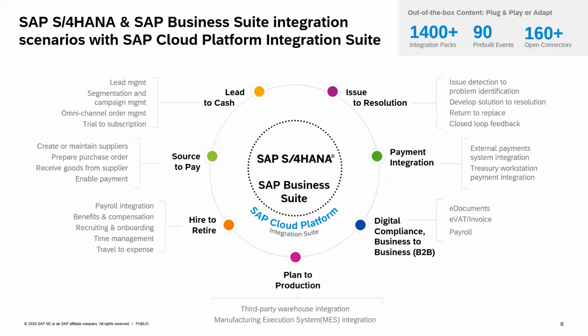So SAP, as I said, along with select partners, has provided 1,500 odd. Now the number is obviously dynamically increasing. We have more and more contributions over the period of time. The number now is 1,500 plus out-of-the-box integrations for SAP to SAP, as well as non-SAP integrations, that are available for your consumption as well as customizations.